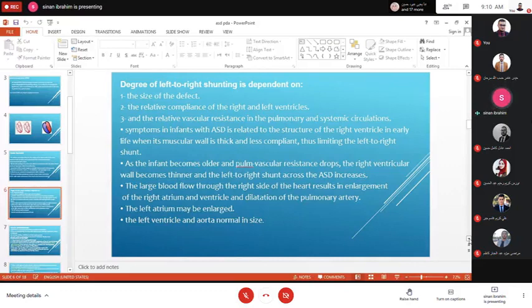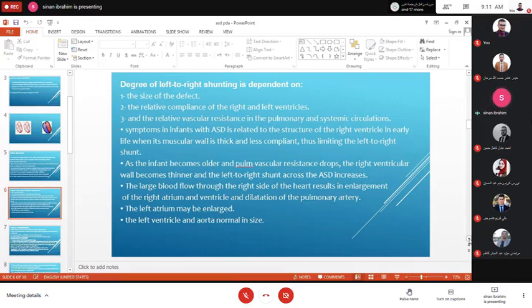So the symptoms in an infant with ASD are related to the structure of the right ventricle in early life, usually when its muscular wall is thick and less compliant, thus limiting the left to right shunt.